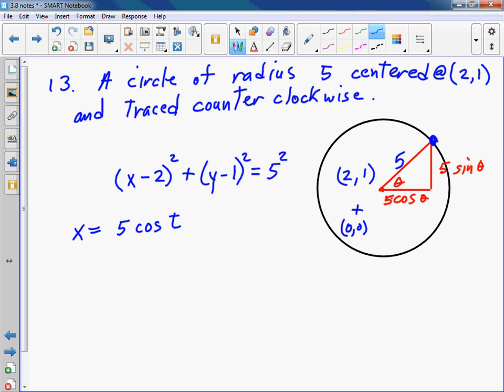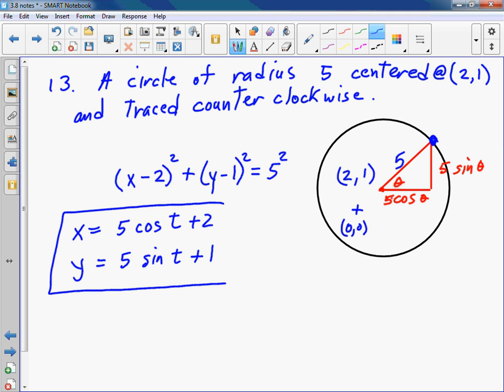We add 2 because the center is 2 units over, and then y equals 5 sine t plus 1. That should work. I think that's all they were asking; that one is just to give parametric equations.